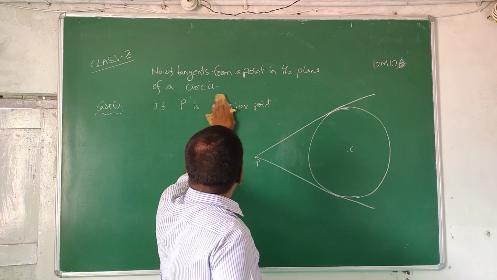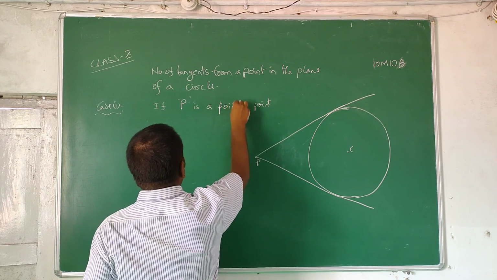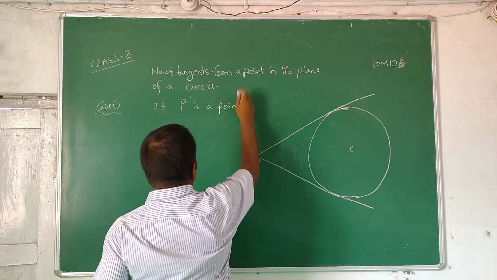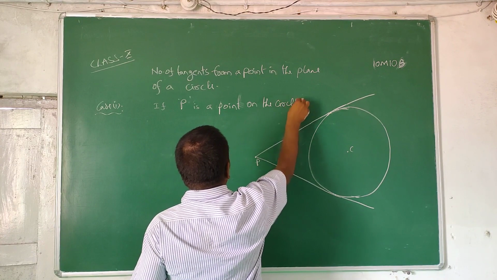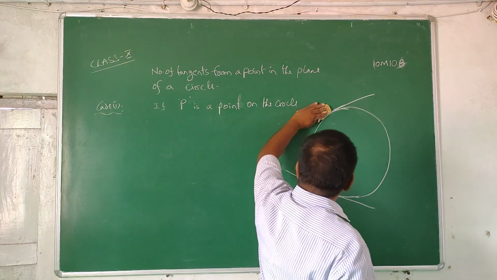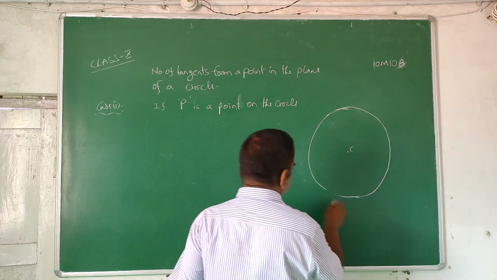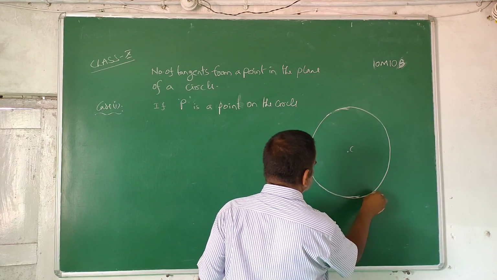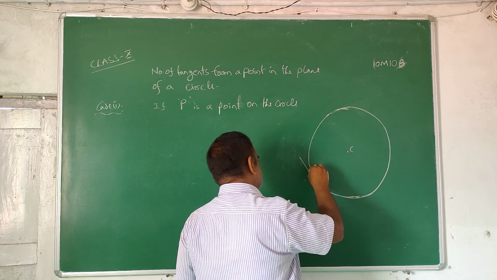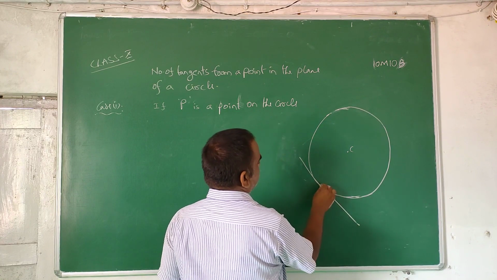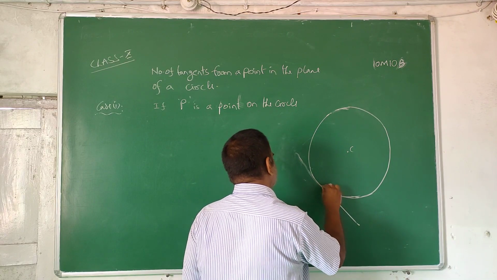If P is a point that lies on the circle, so if the point P is exactly on the circle, like this, how many tangents can you see?